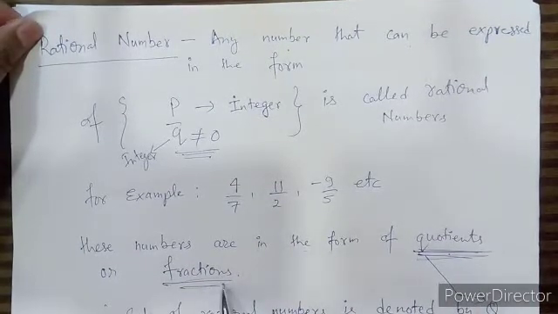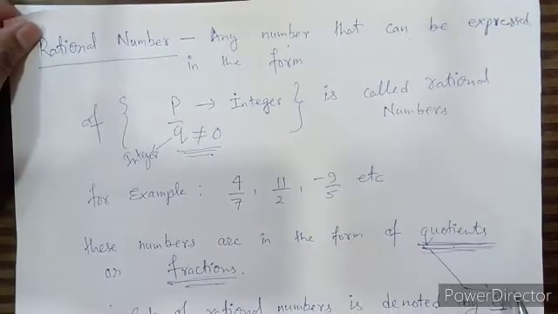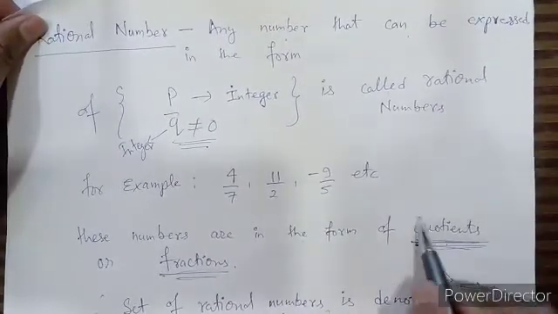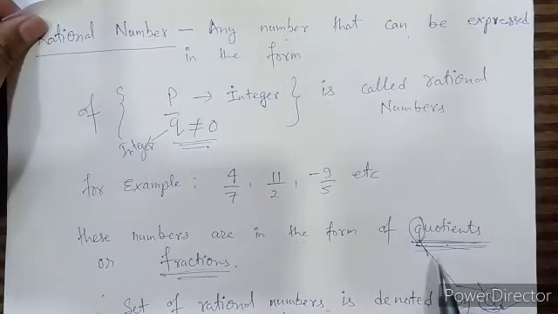Therefore, the set of rational numbers is denoted by Q, and this symbol is taken from the word quotient.